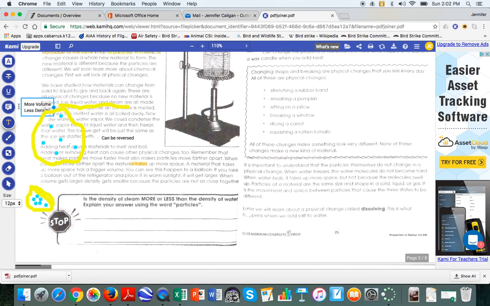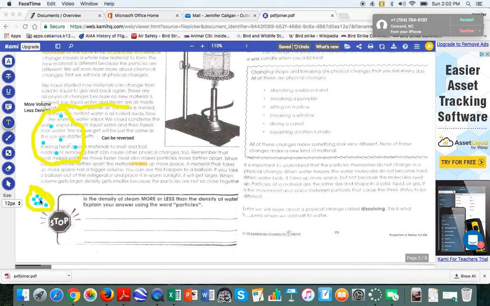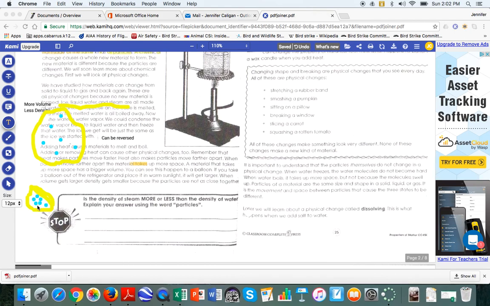Now, the only way I know how to explain that to you guys is density is particles being packed tight together. Down here you have it really packed together. That's more dense. Up here they're spread out, so they're less dense. Meanwhile, down here you have a smaller volume, and up here you have a larger volume because it's gotten bigger. And I know that's kind of complicated.